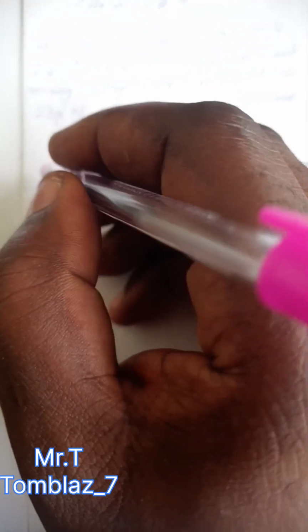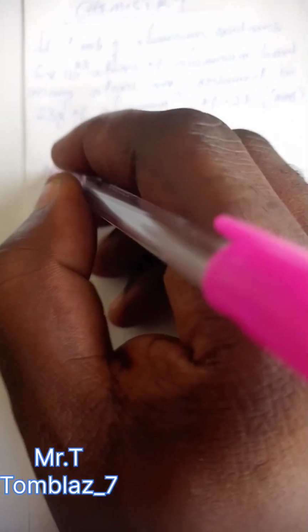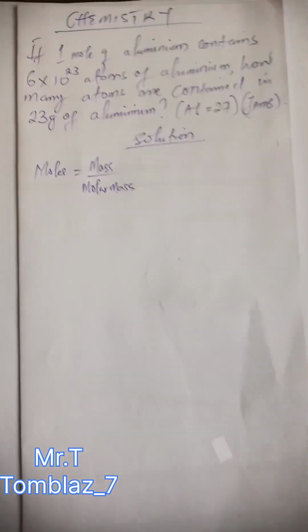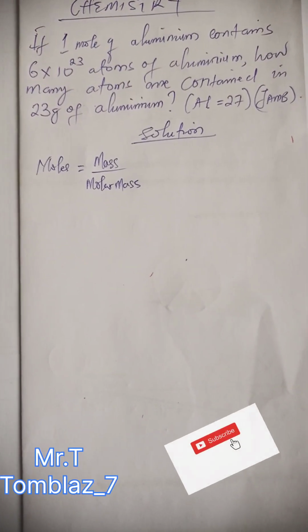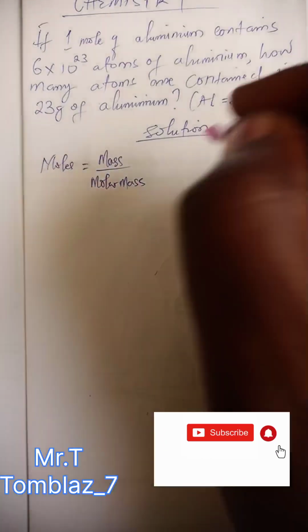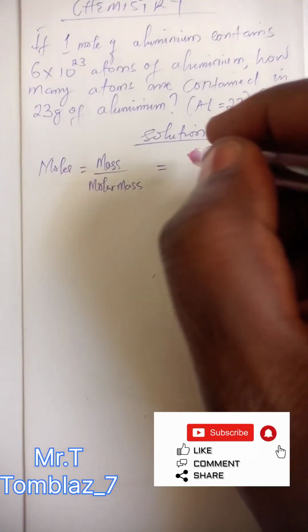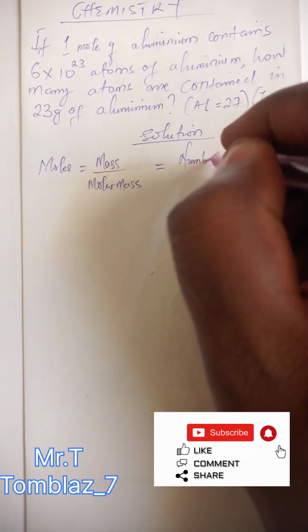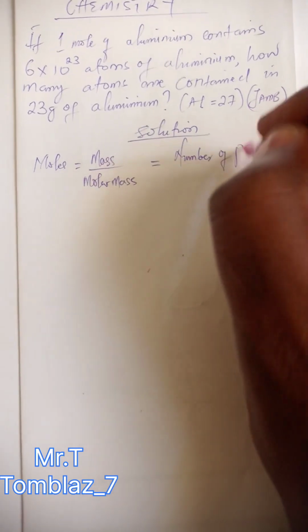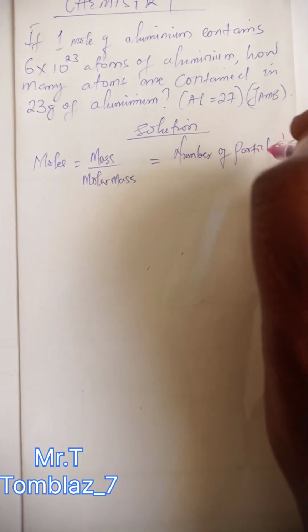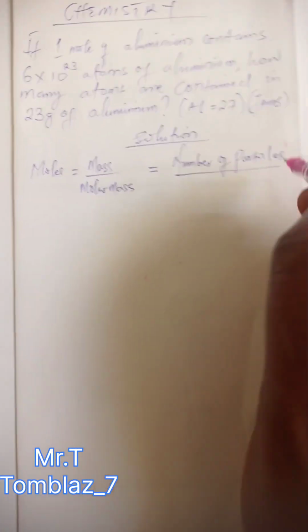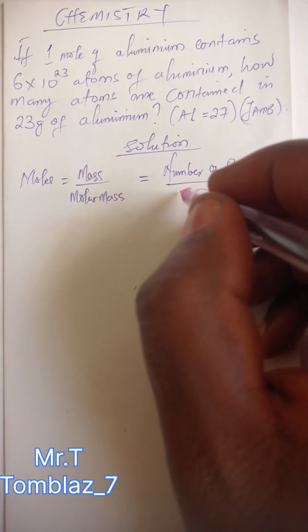Now we should recall that moles, right, is mass all over what? Molar mass of a substance, right? And this very formula is also equivalent to number of particles divided by the Avogadro's number.